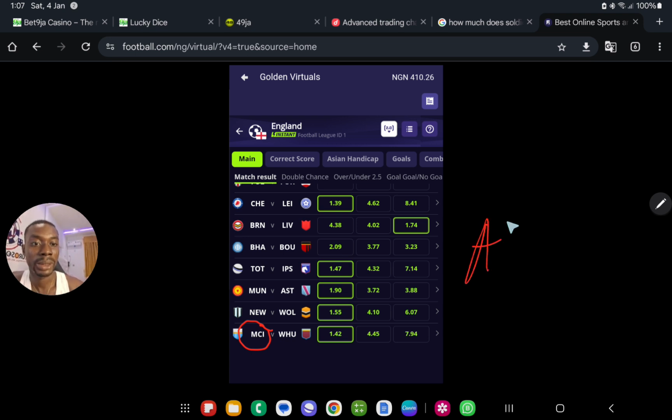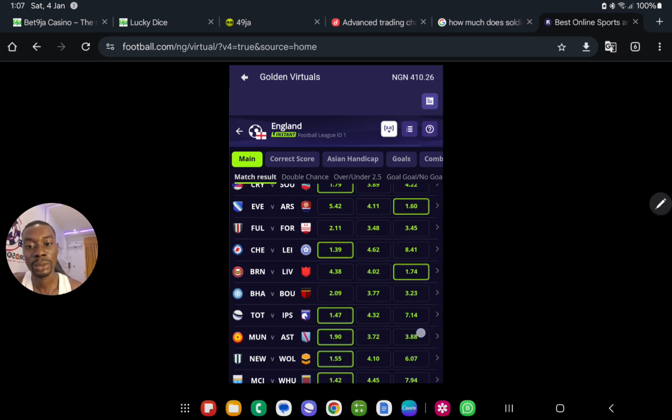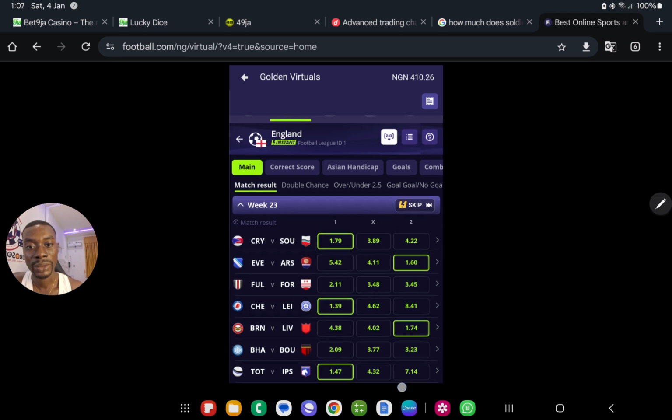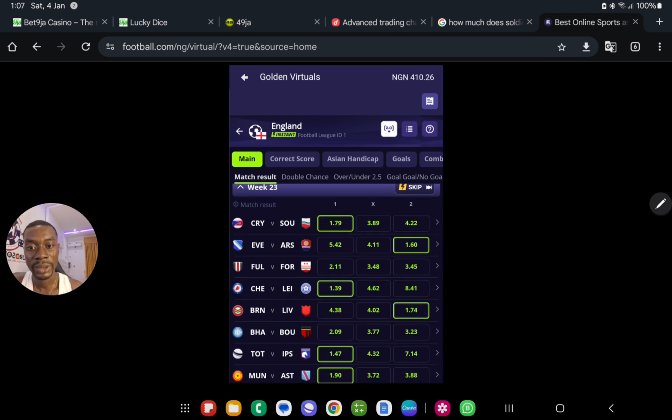This one is in the A1 category, and Man City is in the A1 category, so don't include Man City in the analysis. So this brings us to Newcastle, Man U, Crystal Palace, and Tottenham.